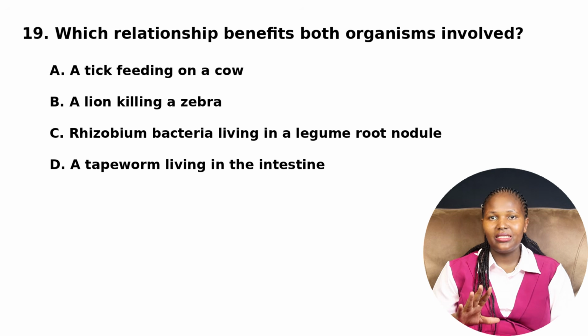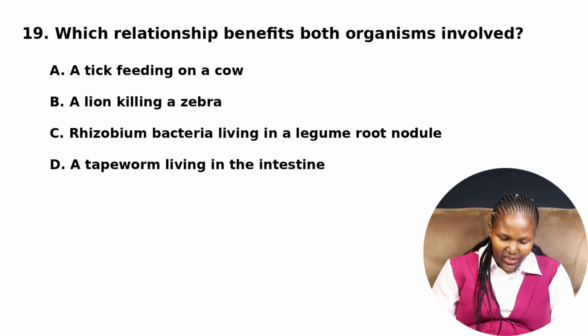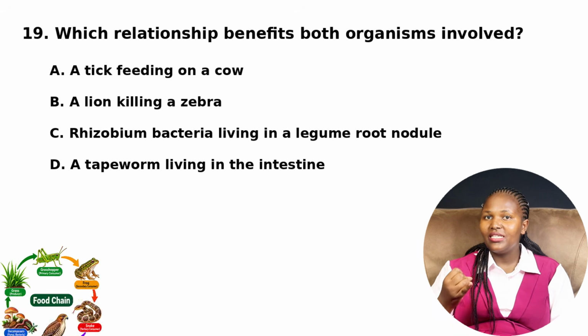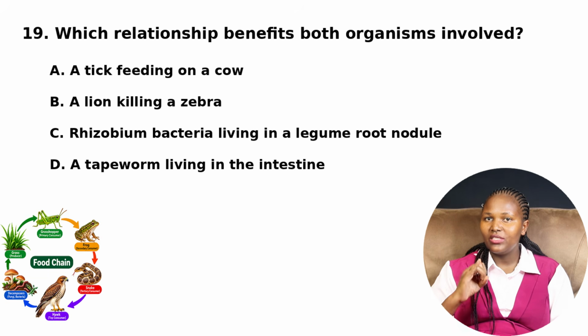So when it comes to this kind of question, again, I'm going to tell you some of the topics you need to look at. Look at food chains. Food chains are very common, and that question is very much testable. In food chains, you need to know about the primary consumer, the secondary consumer, the tertiary consumer.